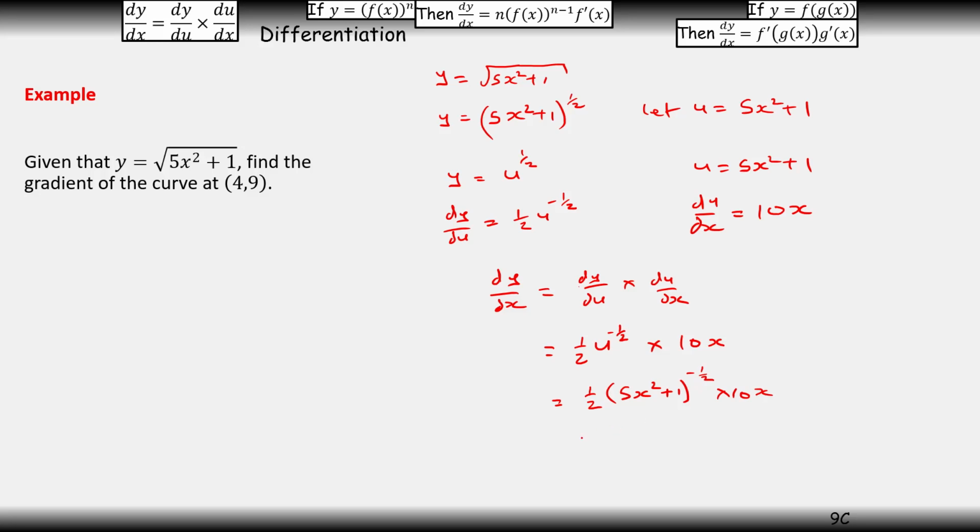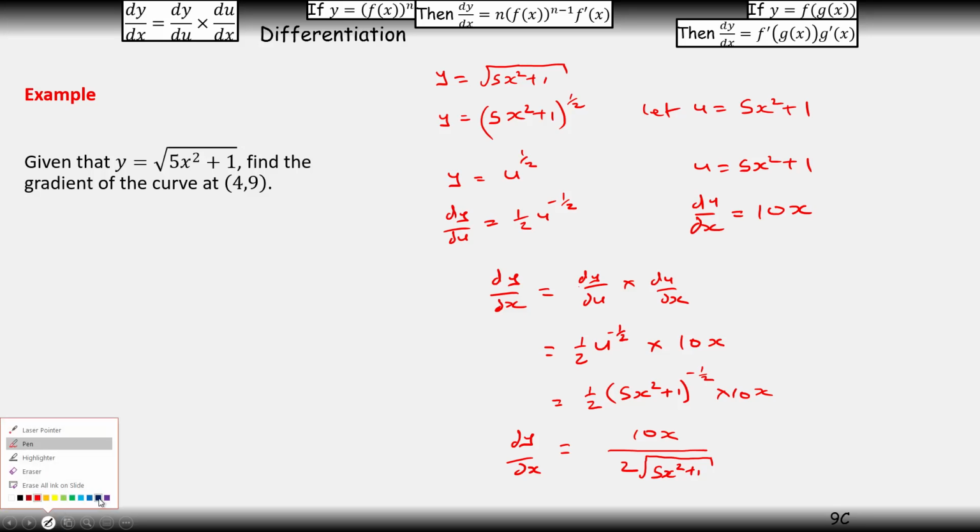Negative power means reciprocal, so what I end up with is 10x divided by 2 times the square root of 5x squared plus 1. So that's the first part. I've differentiated it. The second part wants the gradient at (4, 9).